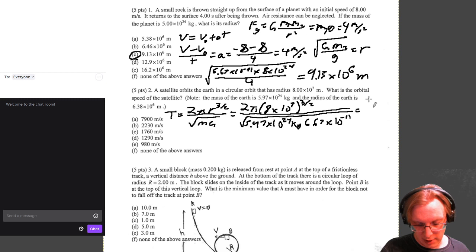So we have 2 pi 8e7 to the 1.5 divided by the square root of 5.97e24 times 6.67e minus 11 and execute.